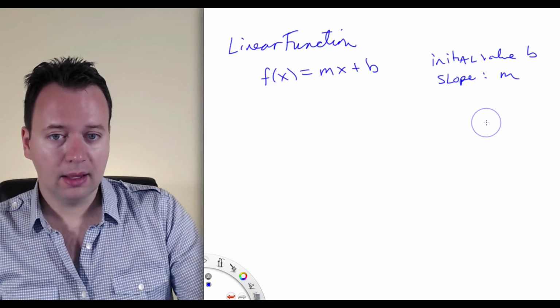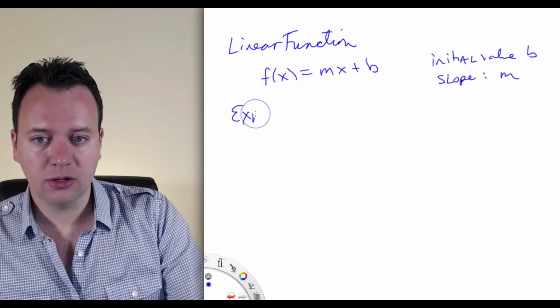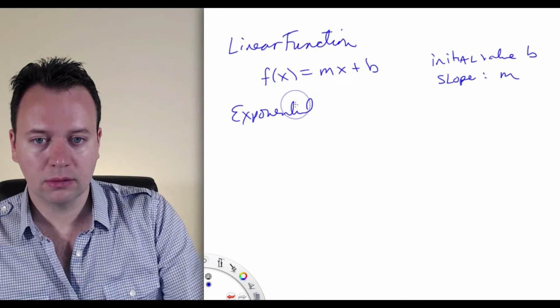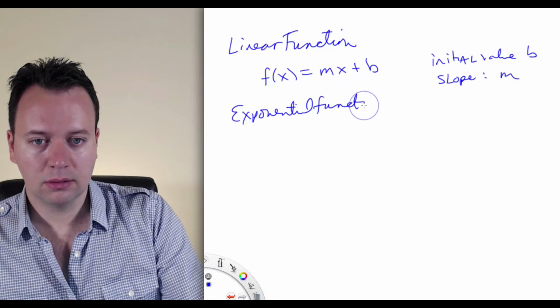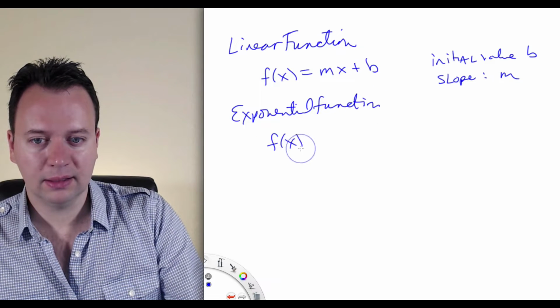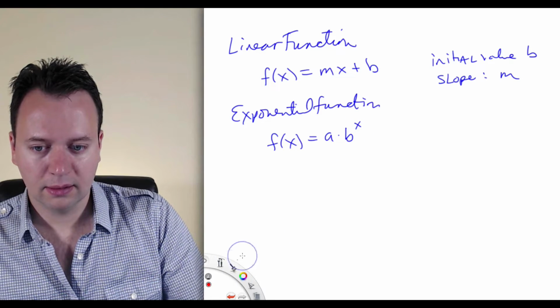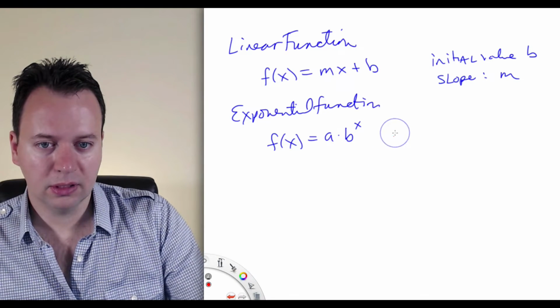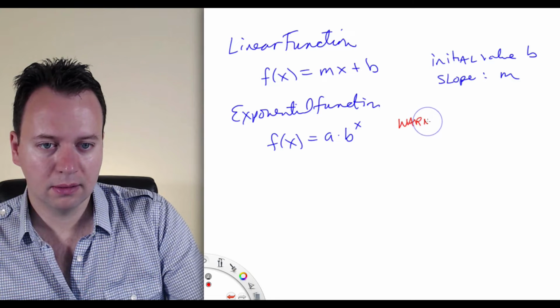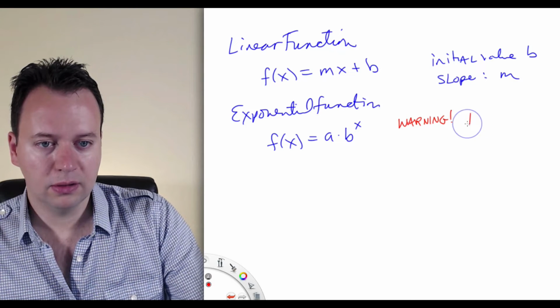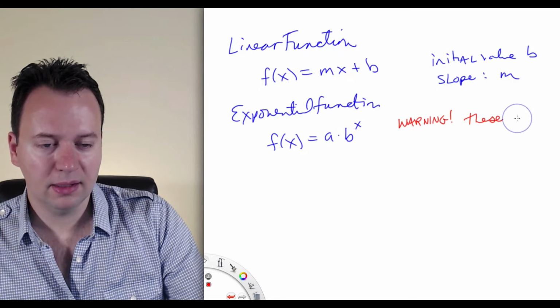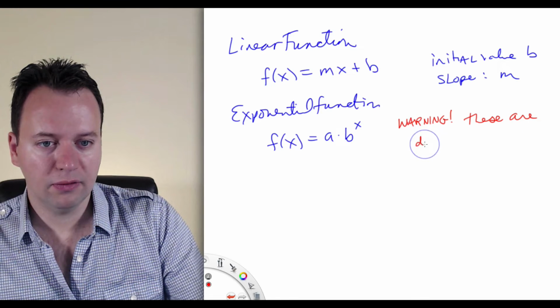Now on the other hand, when you have an exponential function, f of x is equal to a times b to the x. Just a little warning: these are different values of b.